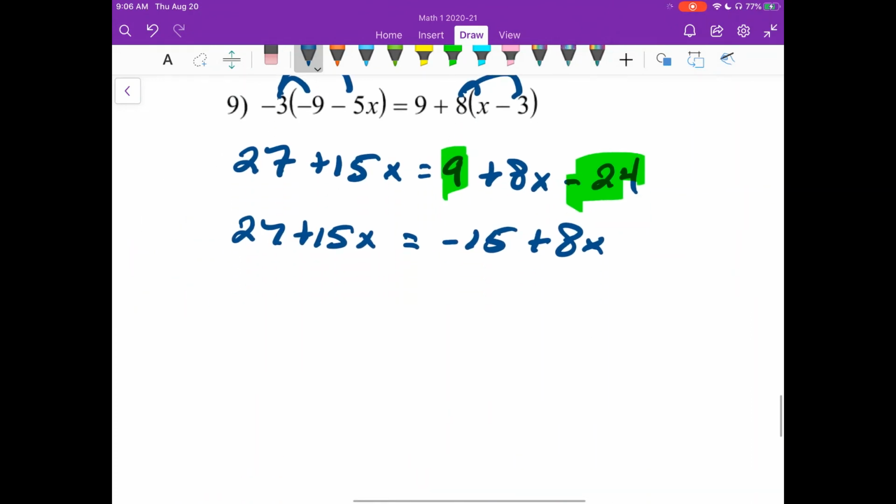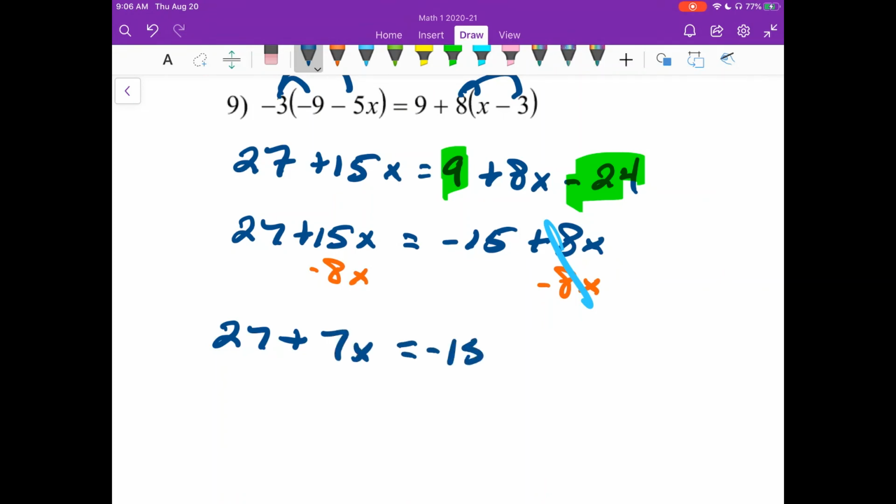Now, if we look here, we can decide where we want to put our x's. I'm going to put my x's on the left, so I'm going to subtract the 8x. The right side cancels. On the left, I'm going to have 27 plus 15 minus 8, which is 7x. 7x equals negative 15.